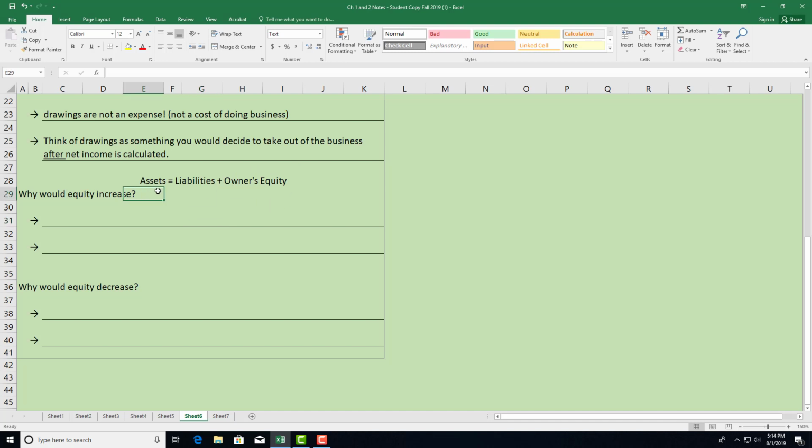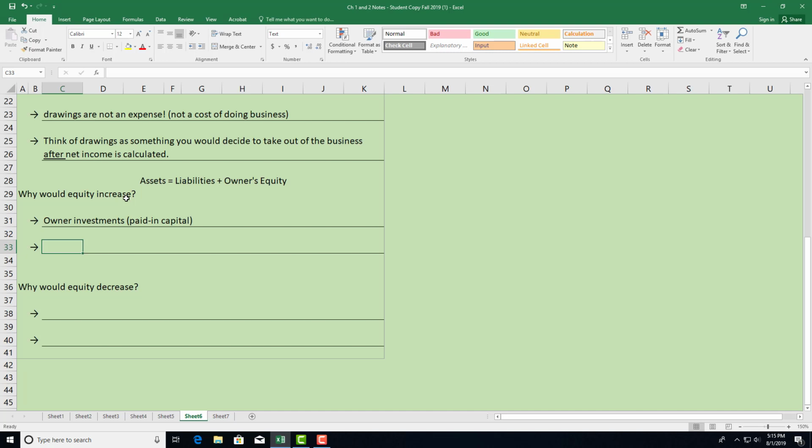And you're going to see this in one of the following videos that walks you through an example. So you'll understand this a little bit better as you go through one of the examples from a video. But just using this simple equation right here, why would equity increase? Owner investments. And go ahead and put this in parentheses as well. We have what we call paid-in capital. So capital is just a fancy word for money.